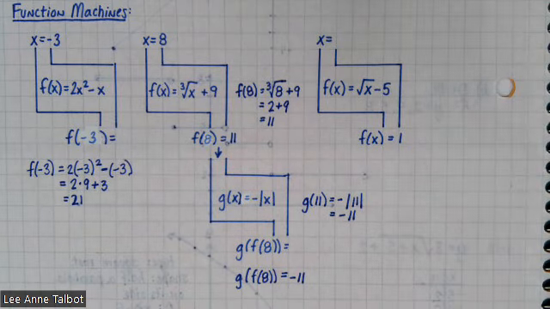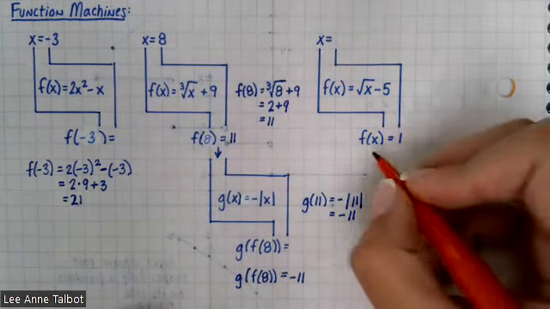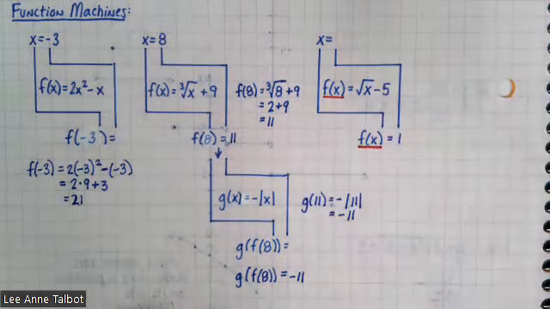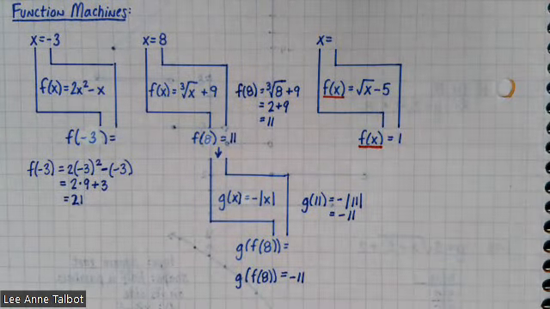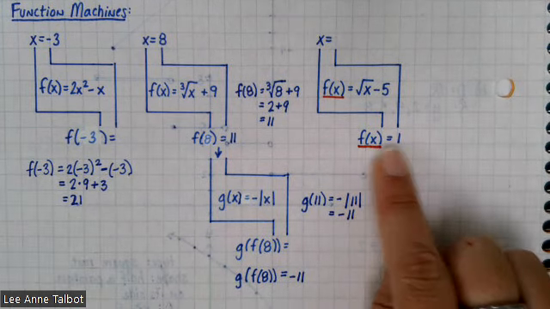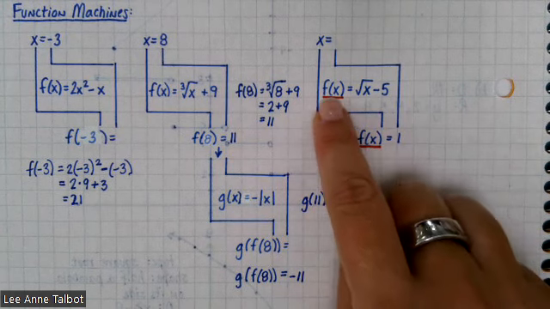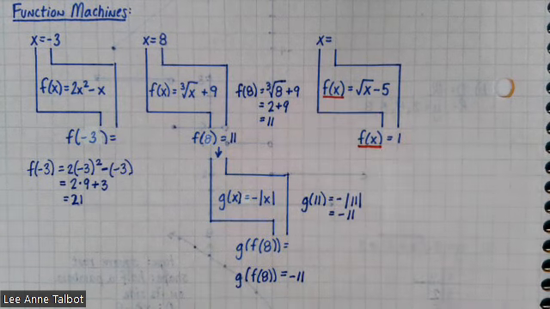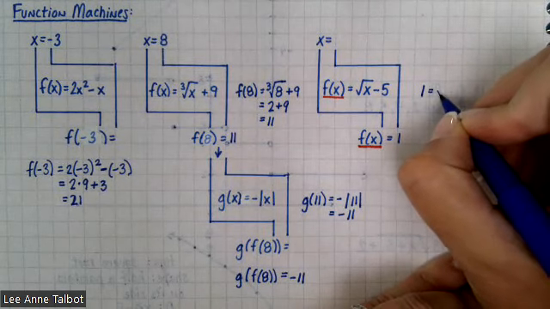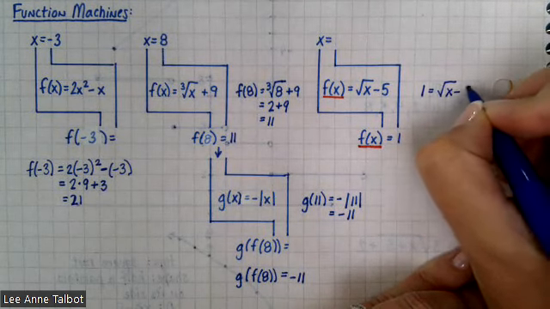Okay, last one is a backward function machine. And I'm going to take my red pen, and I'm going to underline this and this. I am going to take this 1. I have f of x equals 1, and I'm going to put the 1 right there in the f of x spot. So I have 1 equals square root x minus 5.